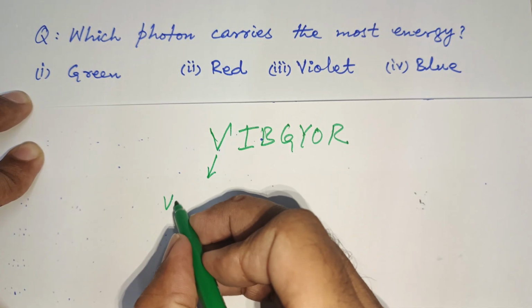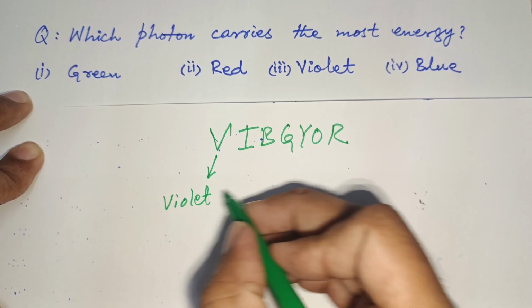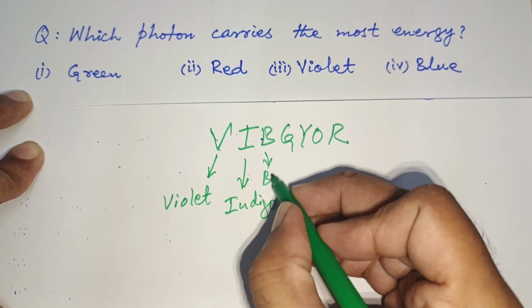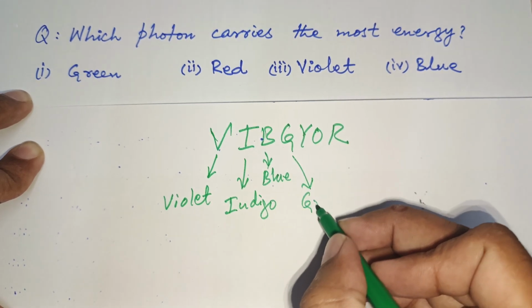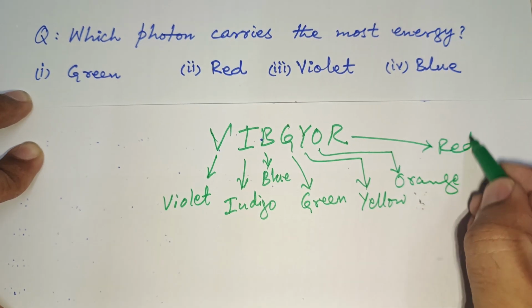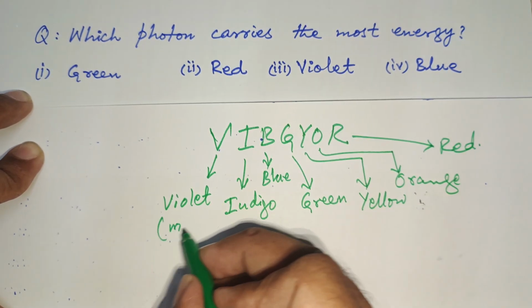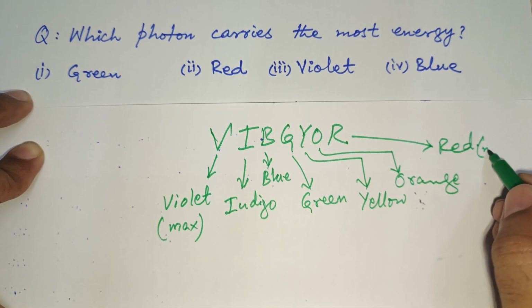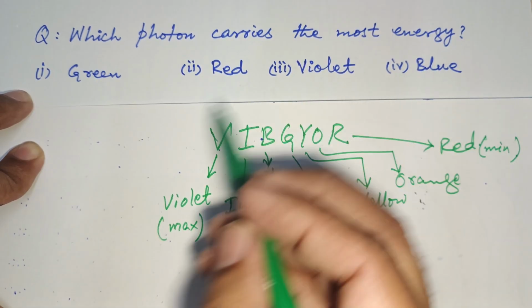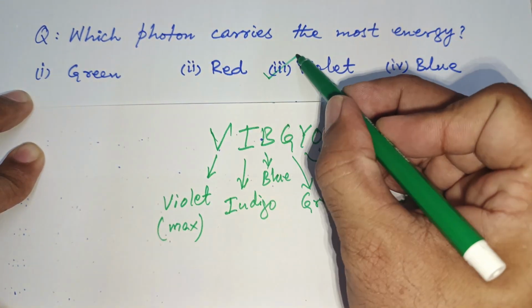V is violet, highest energy, then indigo, blue, green, yellow, orange and red. So this is maximum energy and this has minimum energy. So the photon that carries the most energy is violet.